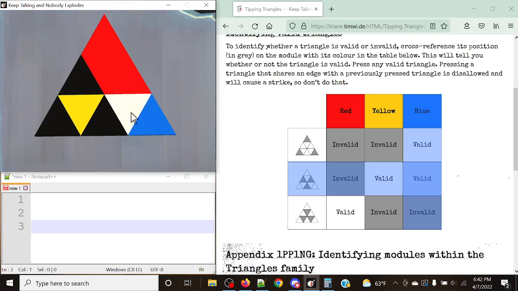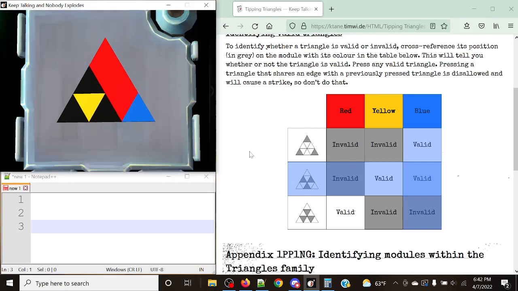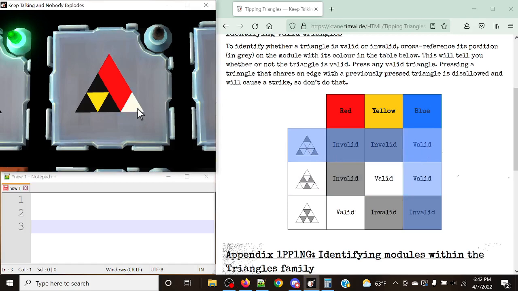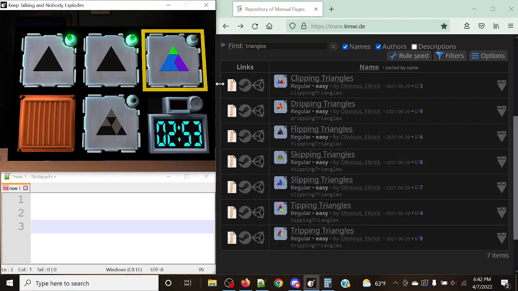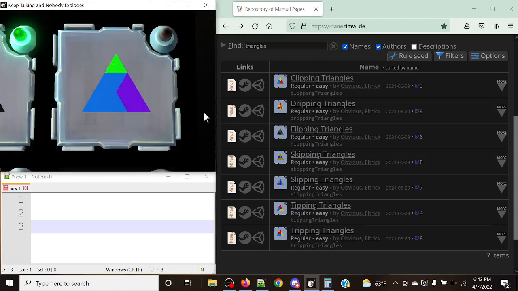We cannot press this one because it shares an edge with a previously pressed triangle. So now, if we take a look at this last one based off of applied knowledge, this should be able to be pressed because the module is not solved. So if we do the bottom right, this guy right here, and blue, this is indeed valid. Bada bing, bada boom.